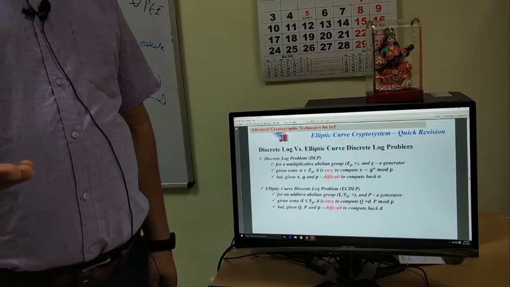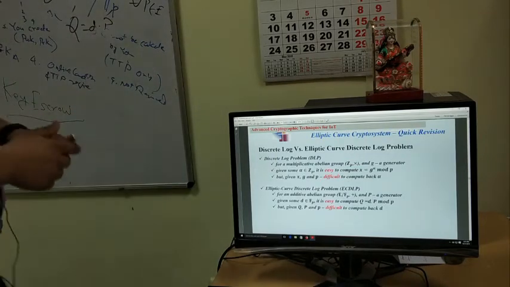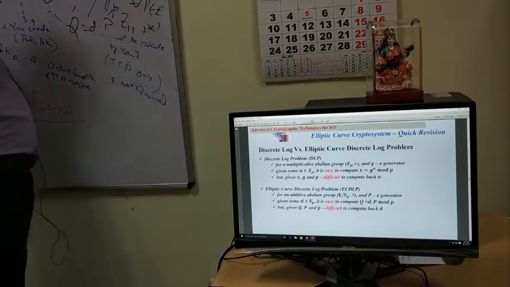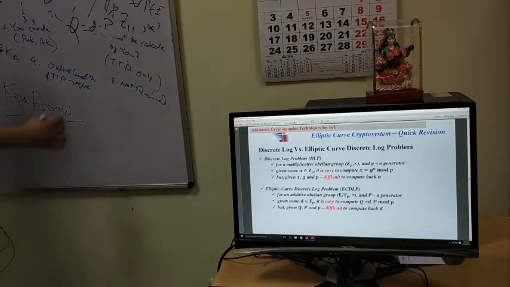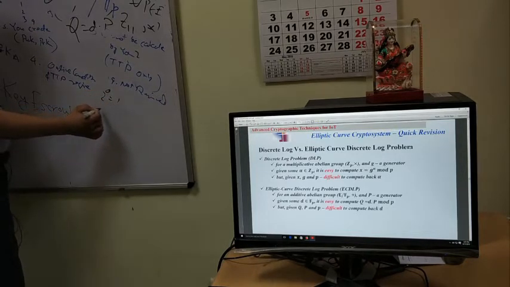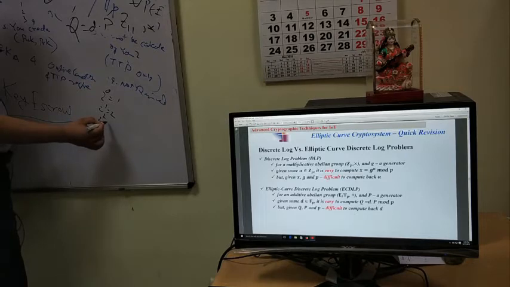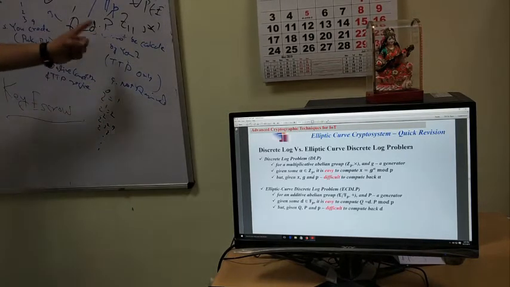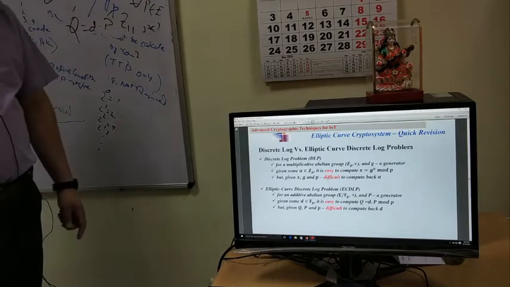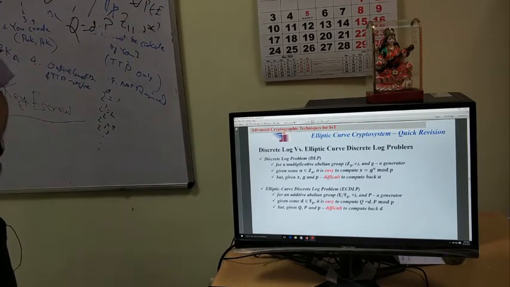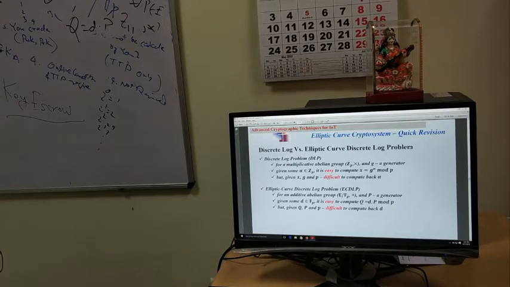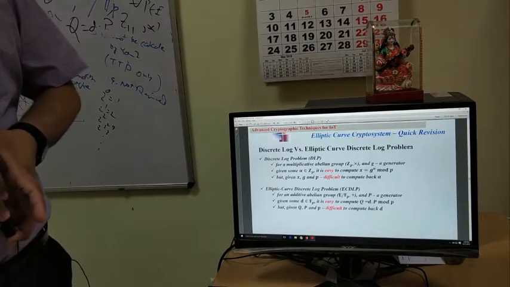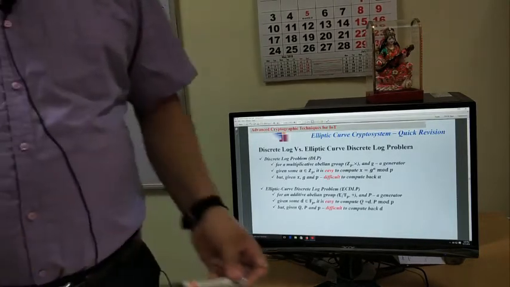For example, if you take the group Z11 star, then 2 is a generator. 2 power 0 is 1, 2 power 1 is 2, 2 power 2 is 4, 2 power 3 is 8. In this way, you will see all the numbers from 1 to 10 will be generated. However, all the elements of Z11 star are not generators. There could be more than one generator, but all the elements cannot generate.